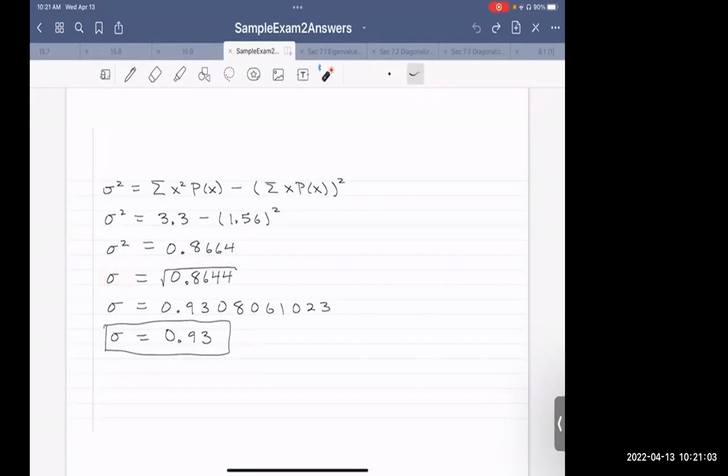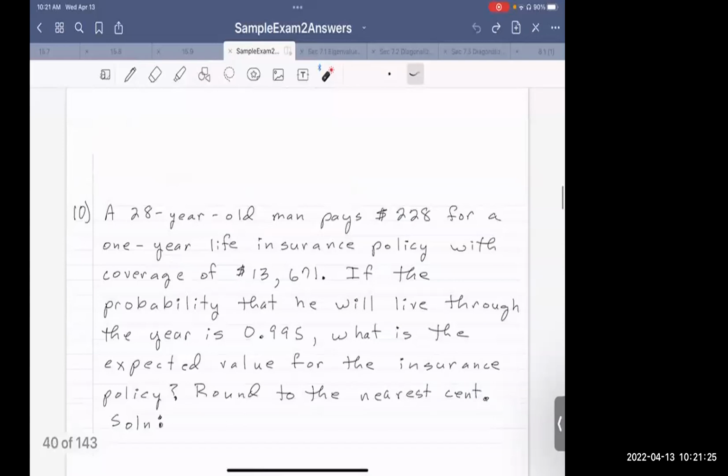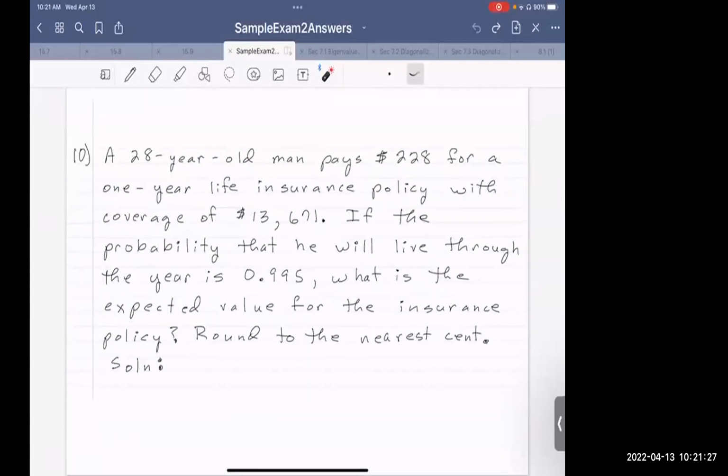To find the standard deviation, I'll take the square root of the variance. And so the square root of 0.8664. Therefore, the standard deviation is 0.9308061023. I want to round to the nearest hundredth, and so 0.93.